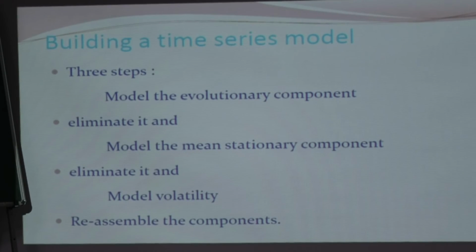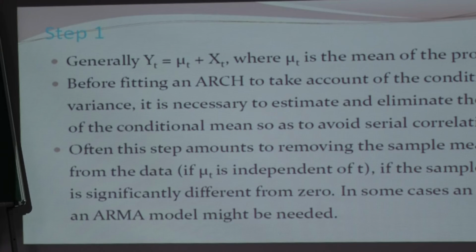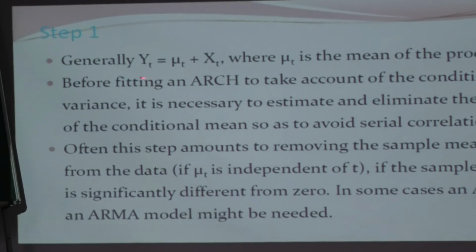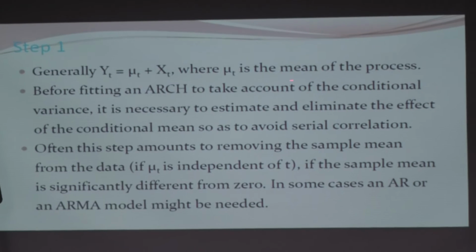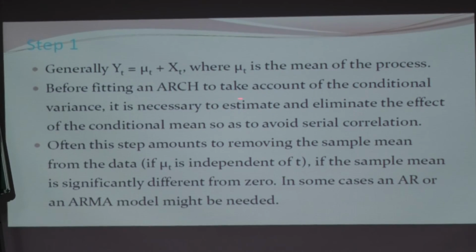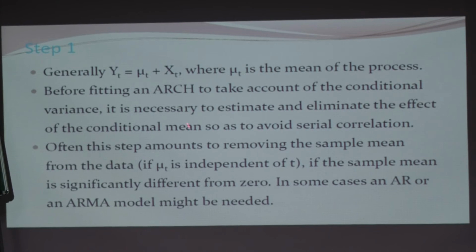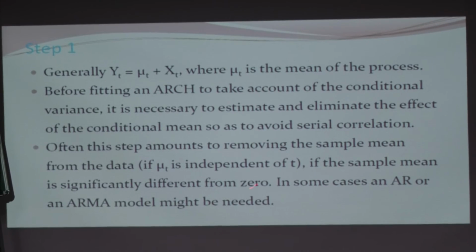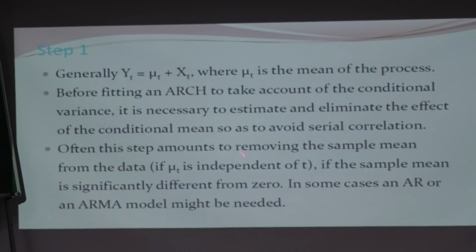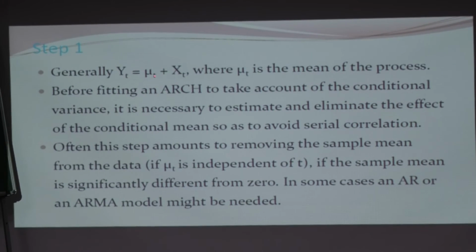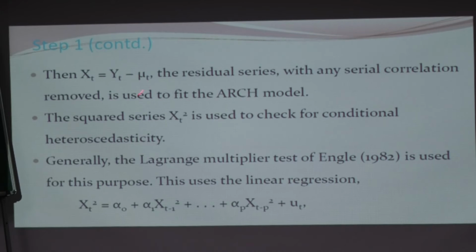After you have fitted these 3 parts, you need to reassemble them before you can go for the prediction. Very quickly, you start with y t is mu t plus x t, where mu t is the mean of the process. It's necessary to estimate and eliminate the effect of the conditional mean. So first step, use the AR or the ARMA model, get rid of this mu t, y t minus mu t. That is the residual series.